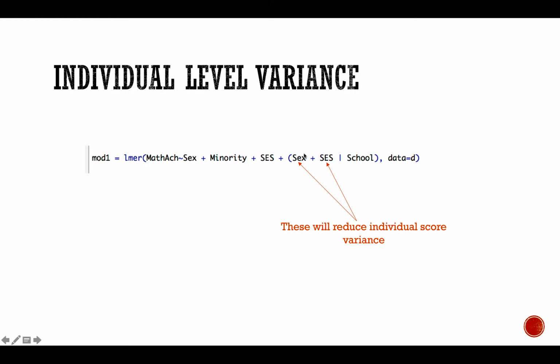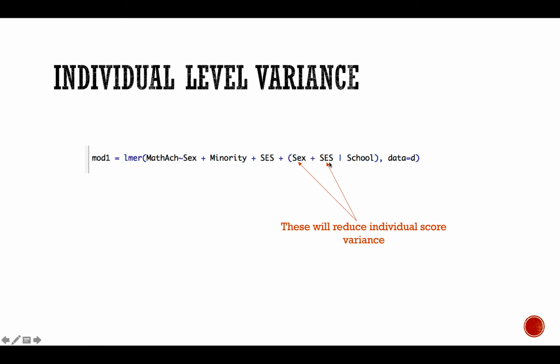Every school has its own difference between males and females and its own predictability of math achievement from socioeconomic status. So you might, for example, say that some schools are better at supporting their females in math achievement, or supporting those who are lower in socioeconomic status than other schools, that sort of thing.